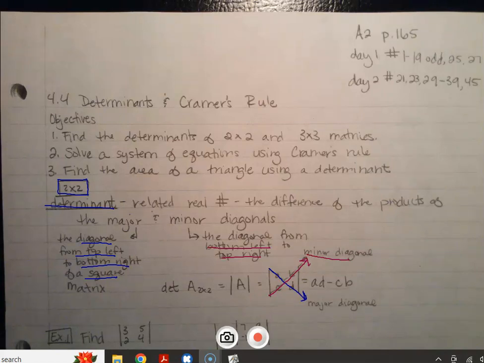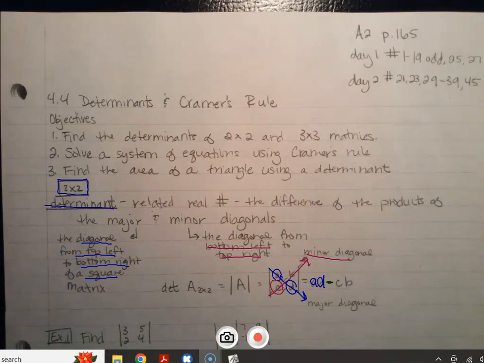So to find the determinant in that case, if I look at my major diagonal, I'm going to take A times D, which is what this says, right? I have A times D, and I'm going to subtract my minor diagonal.